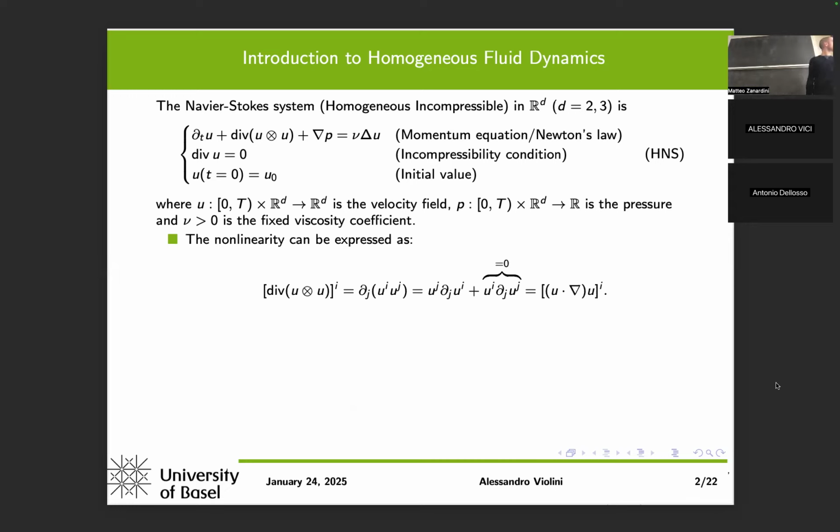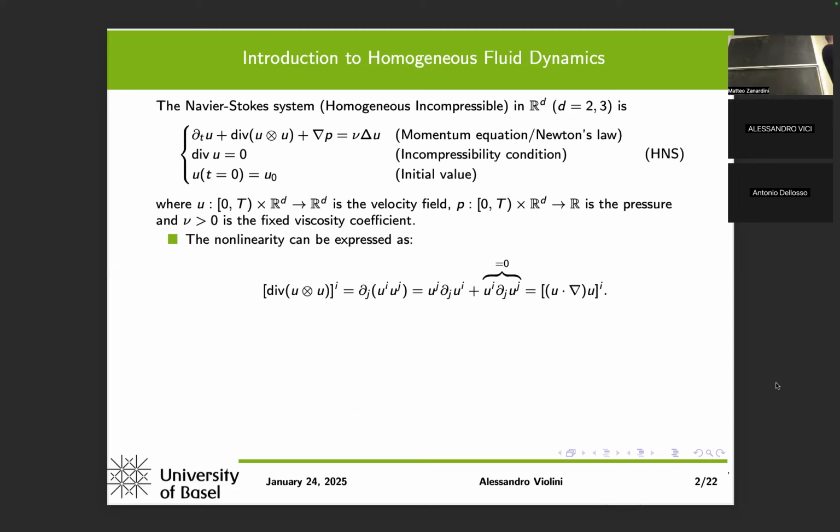So let me say first that U tensor U is a matrix, since U is a vector. And this matrix has an ij component, which is u_i times u_j. And the divergence of a matrix is a vector. And this vector has an i-th component, the divergence of the i-th row. So if I want to compute this, I go with Einstein notation.